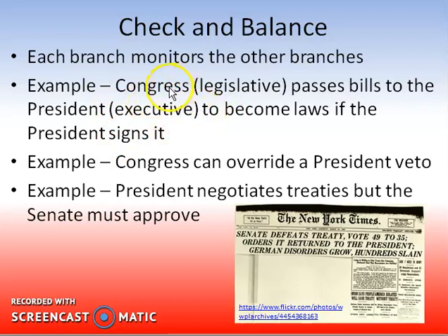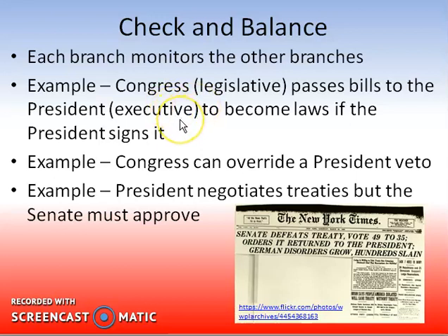So when Congress gives him a bill, if he approves of it, he thinks this is actually a really good bill, the executive can sign it, and that is the president using their legislative power. And then afterwards, they're going to use their executive power to enforce the law.